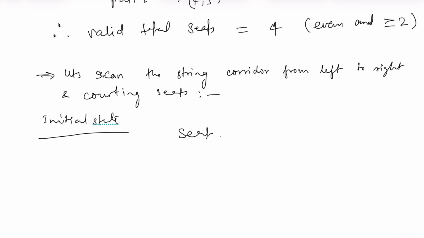The total seats we have seen is 0, and the ways we take as 1.